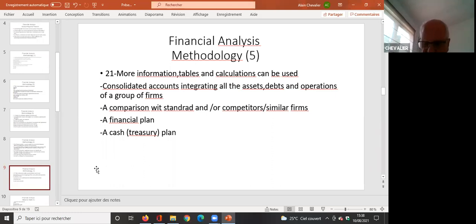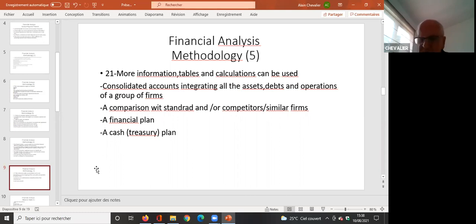I recommend you read the paper on financial analysis methodology, which is in the documents you received. Read that again. It's very similar, though not completely the same presentation. It also gives you the possibility to raise questions. But do that. This is important.